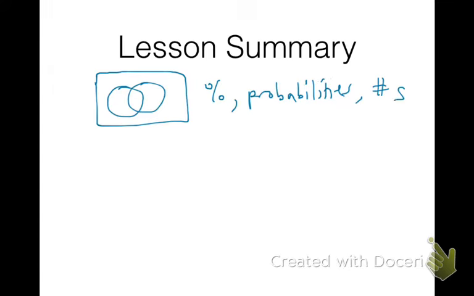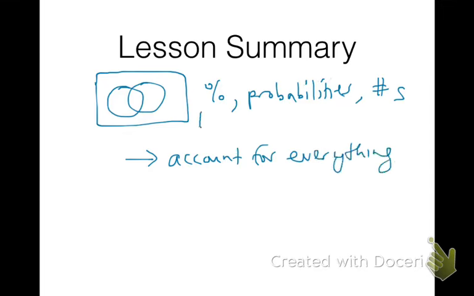Now there were no examples in today's notes where you have numbers of things, but rest assured you will see some. One thing to also remember with Venn diagrams is that you have to account for everything. Meaning that if you're dealing with percents, they must add to 100%, probabilities must add to 1, and numbers must add to the total.